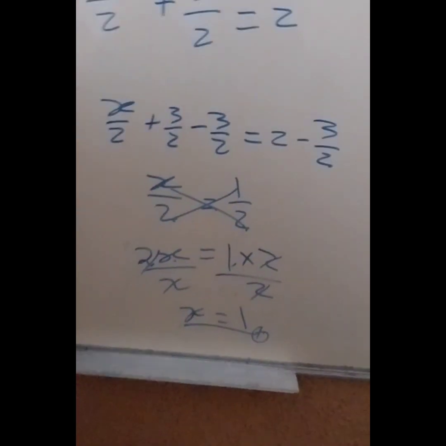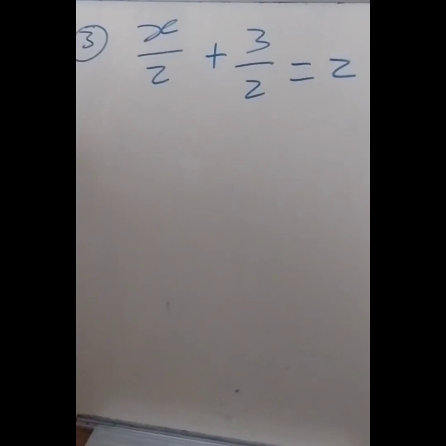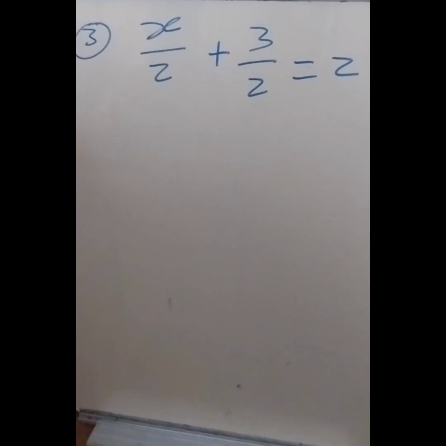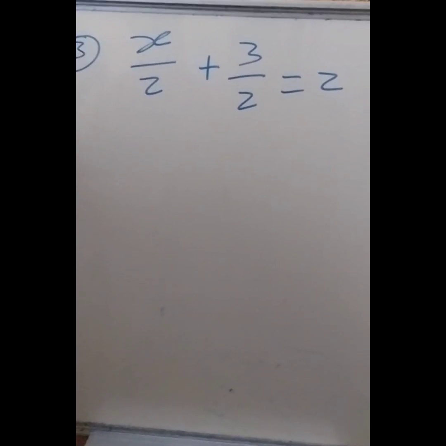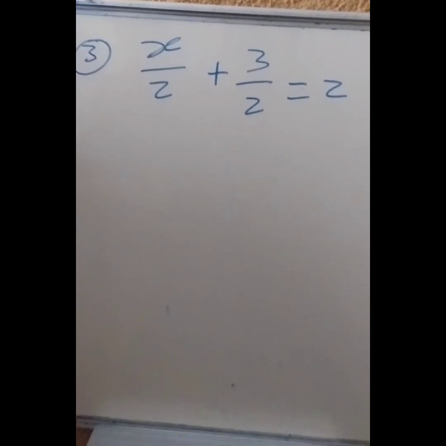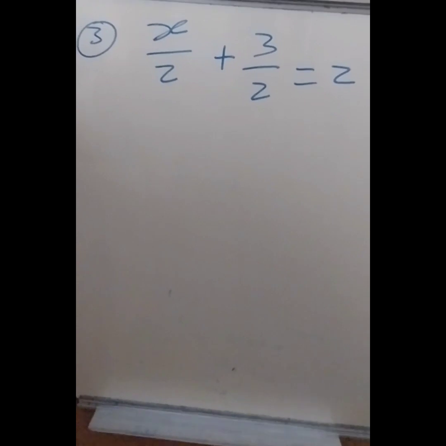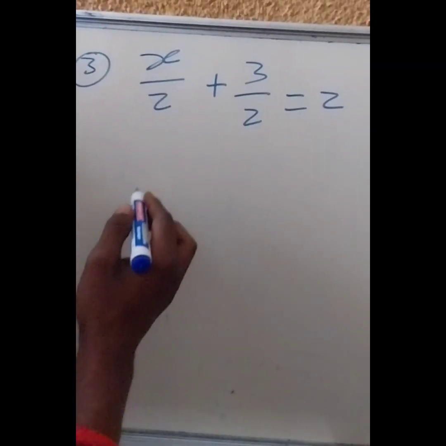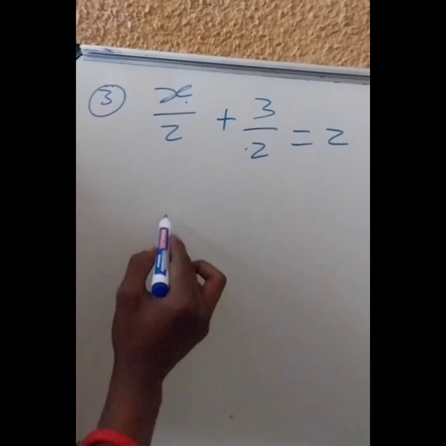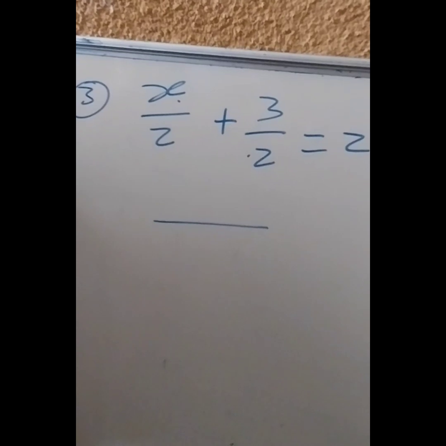Therefore, for an alternative method, you can add the fractions on the left hand side first before we do a cross multiplication, and whatever we want to do in order to find a solution. Or we can use a lowest common denominator.